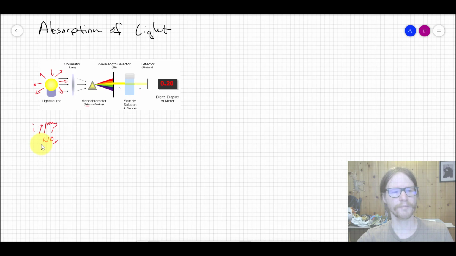And so because they bend differently because of their different velocities in that refractive medium, you get this dispersion effect. And that's how we split white light into its component light.